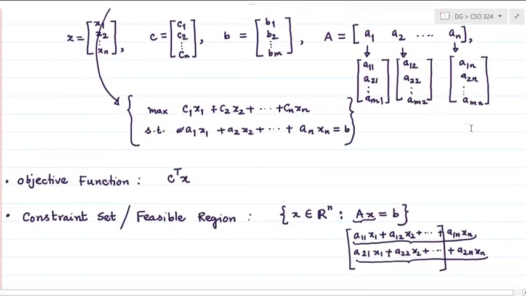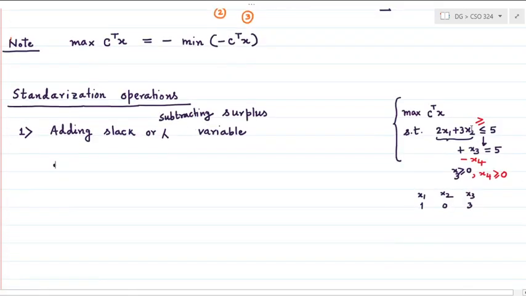So let's suppose the general inequality is the pth inequality, and let's suppose it is of this form: a p1 x1 plus a p2 x2 plus a pn xn less than or equal to bp. This is your pth inequality.